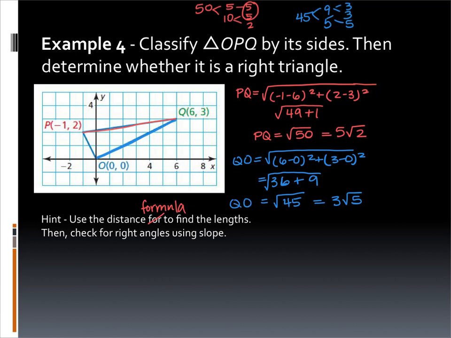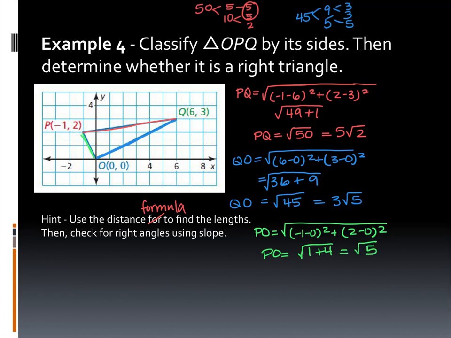And then lastly, we have PO. And PO is going to be the square root of (-1 minus 0) squared plus (2 minus 0) squared. So -1 squared is 1, 2 squared is 4. So PO is going to be the square root of 5.